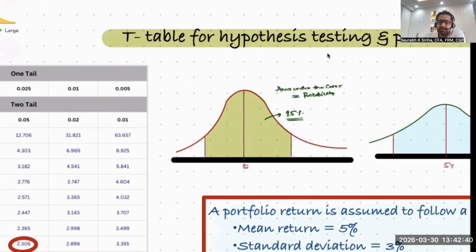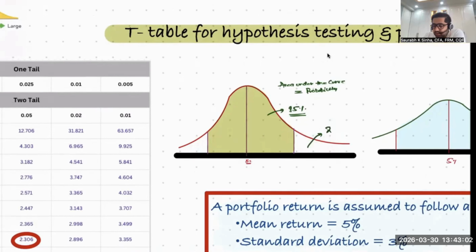It should be net 5%, combined for both. And since the T distribution is itself a symmetric distribution, what should be the area in one of the tails? 2.5%. So the area in this tail is 2.5%, and the area in this tail is 2.5%.